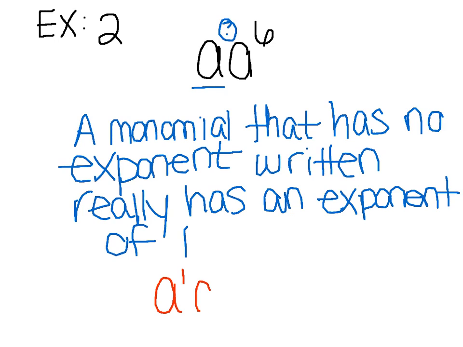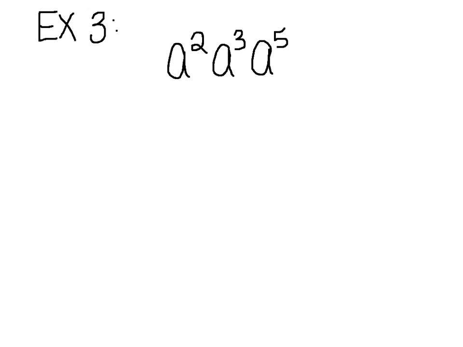So this is a to the 1st times a to the 6th. Do they have the same base? Yes. So we keep the base, add the exponents. Therefore, a, 1 plus 6, is a to the 7th power. And you're done. Our next example involves more terms. But that's okay. They still have the same base. So what do we do when we're multiplying monomials?